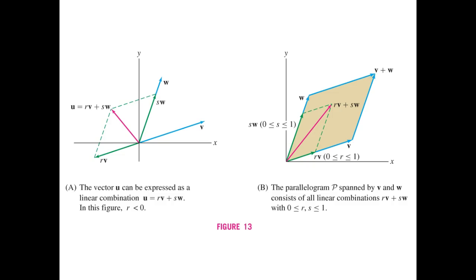This parallelogram spanned by V and W. In other words, V, W, and V plus W are going to define that parallelogram. And every vector that is a linear combination of those two with R and S both between 0 and 1 is going to fall inside that area, you might say.